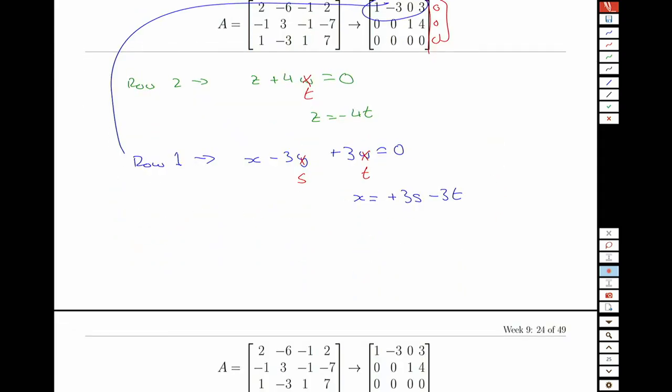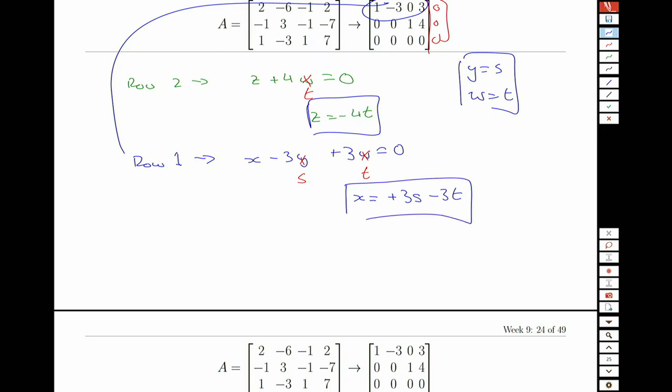All right. That's great. So in fact, what we have is a full solution now. We have y equals s, we have w equals t, we have those two, we have this one, we have this one. Now I want to build the vector form of that. If I take the vector x, y, z, w, I can make it out of x was 3s minus 3t, y was s, z was minus 4t, w was t.